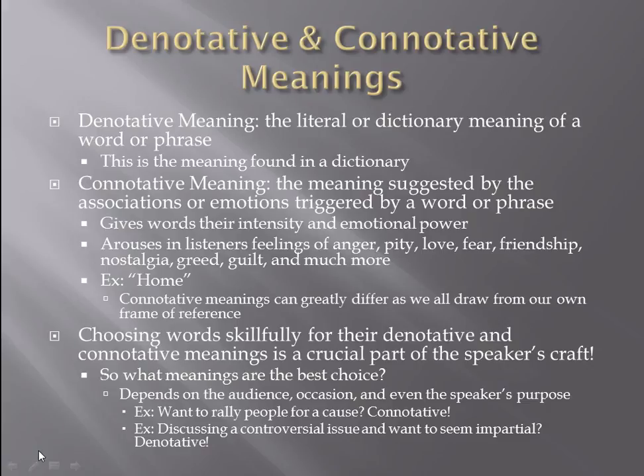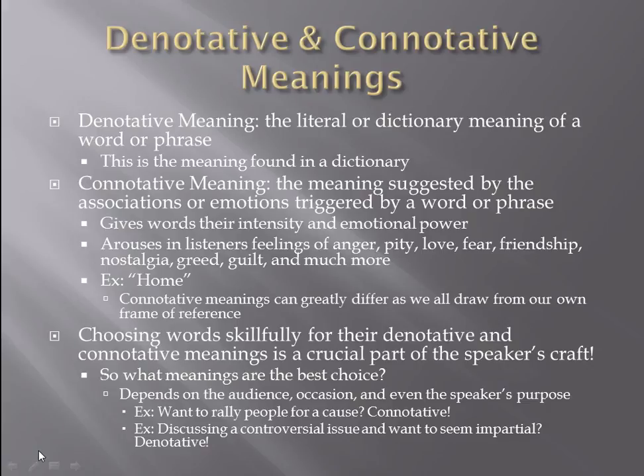And I wanted to give you an example of that to really picture what I mean. Let's say that I use the word home. Well, if we looked up that word in a dictionary, we'd have its very literal and straightforward dictionary definition, which would be the denotative meaning of that word. However, the connotative meaning of the word is usually very, very different. Connotative meanings can greatly differ as we all draw from our own frame of reference.